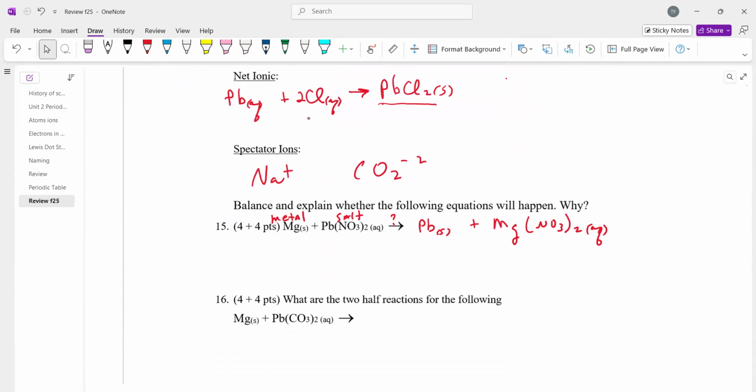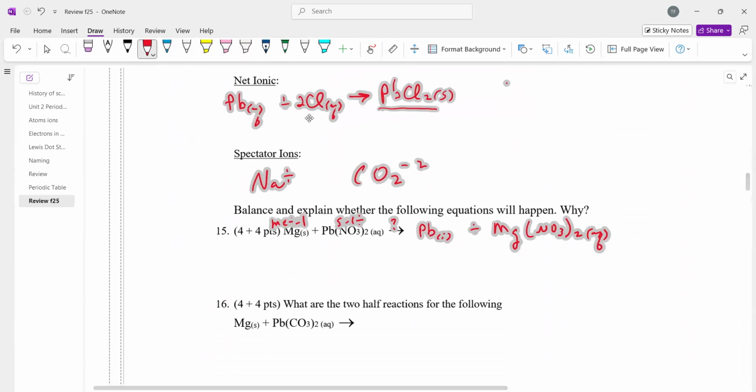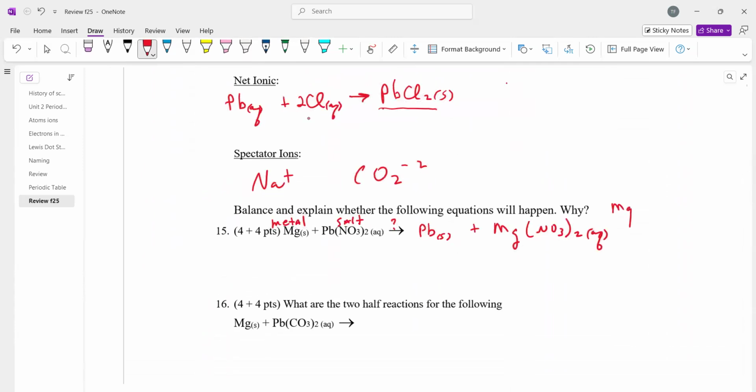Why? Because the magnesium is above the lead.